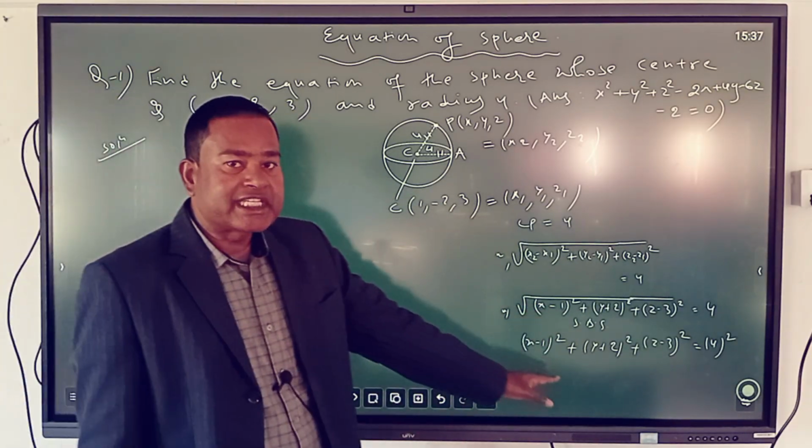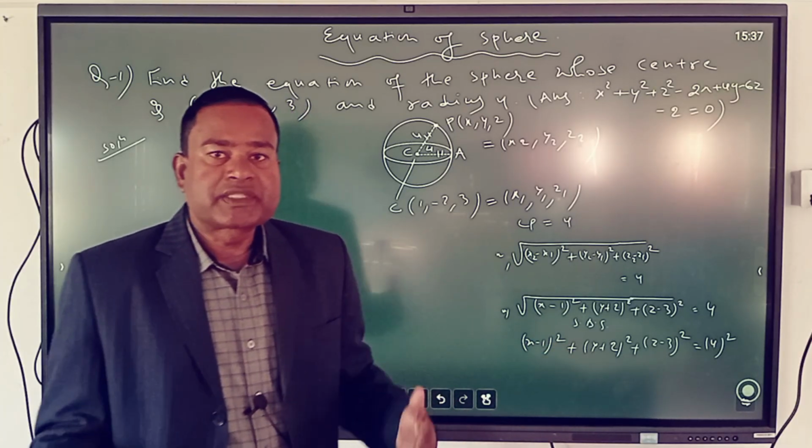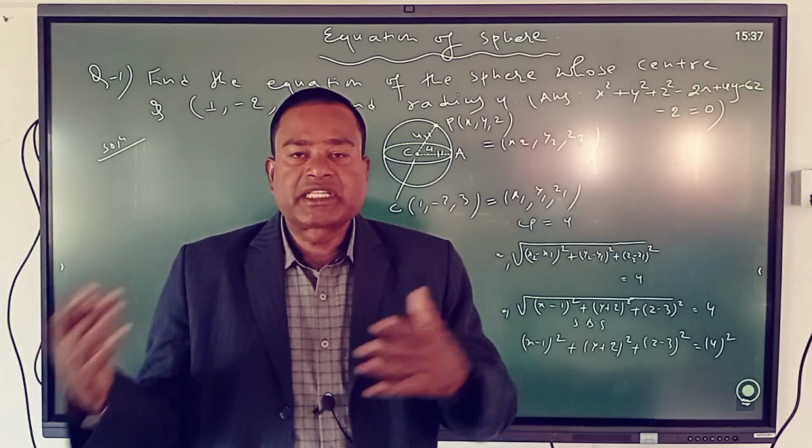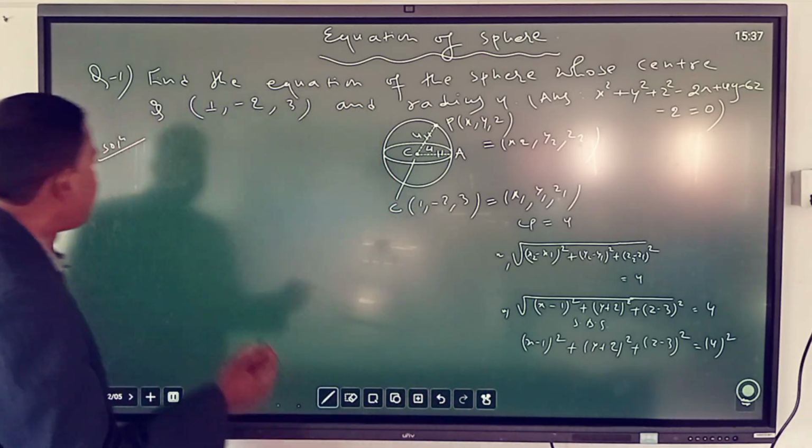Dear students, let's expand x minus 1 whole square by using the formula of a minus b whole square. We know that a minus b whole square is equal to a square minus 2ab plus b square.